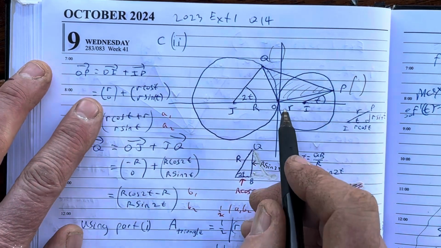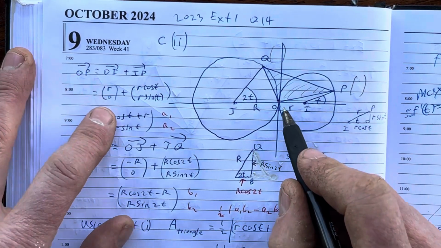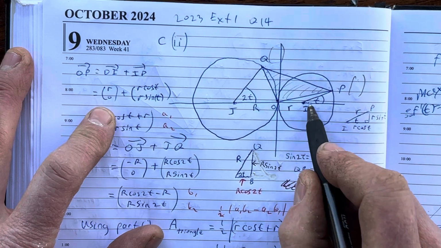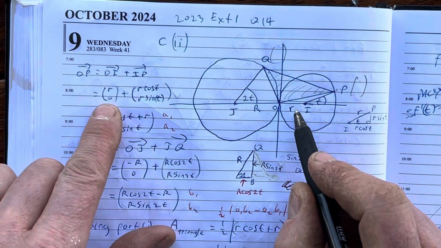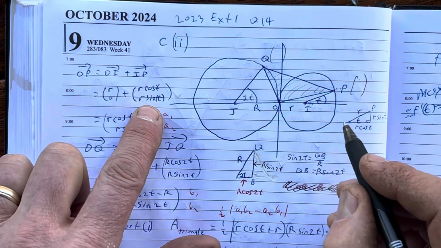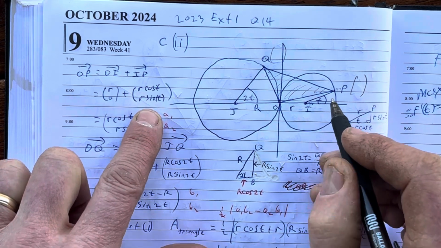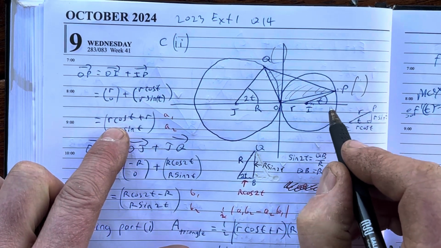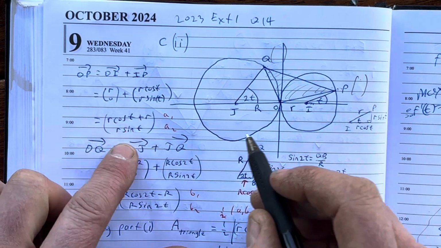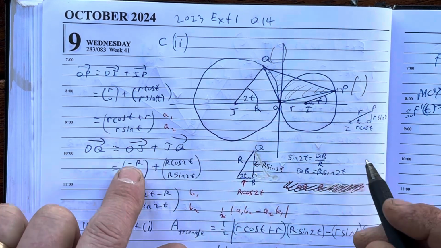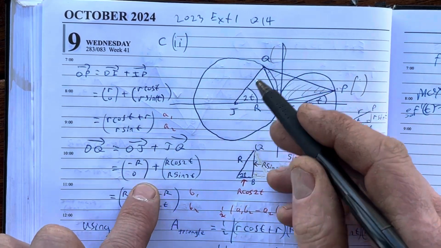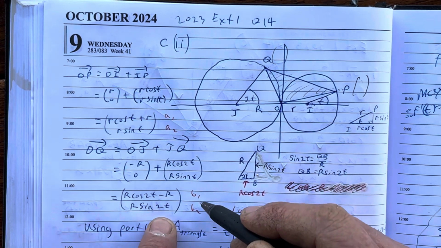Okay, so the vector, we'll go this one first, OP. OP is OI plus IP, so (R, 0) plus (R cos t, R sin t), just using the triangle here, breaking it up into horizontal and vertical components. So you get these coordinates pretty quickly. And the same thing going this way, that plus that, which is here, and you add them together, you get these coordinates.